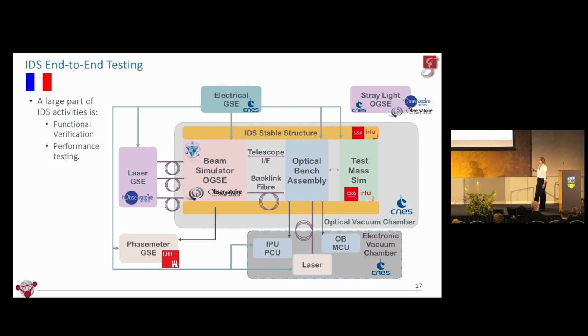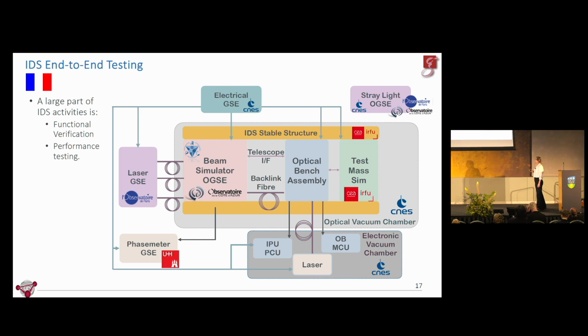We also have the optical ground support equipment, laser OGSE, that acts as a TX laser for the adjacent bench and far spacecraft, providing the RX beam to the optical bench assembly and the reference beam for the backlink. We have the stray light OGSE for the measurement of stray light on the optical bench.